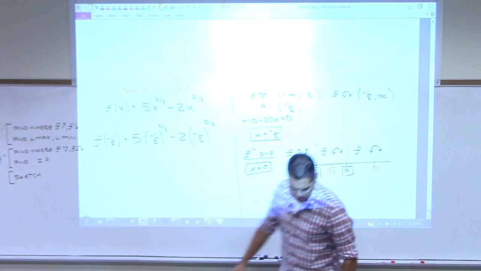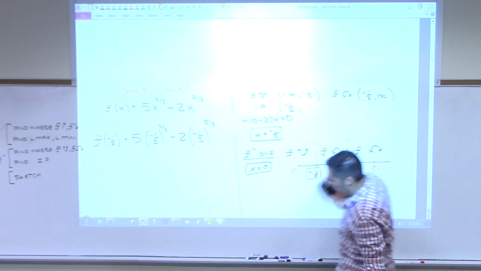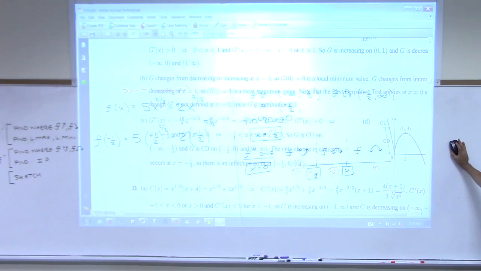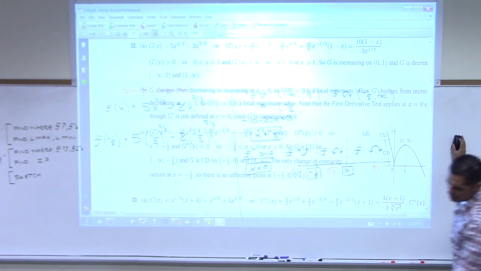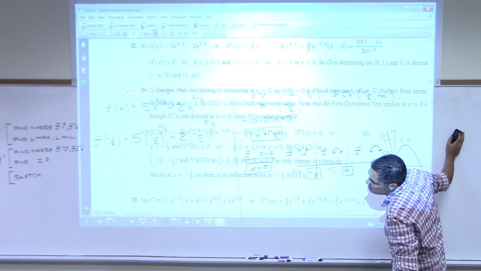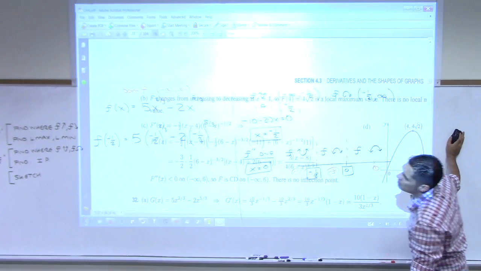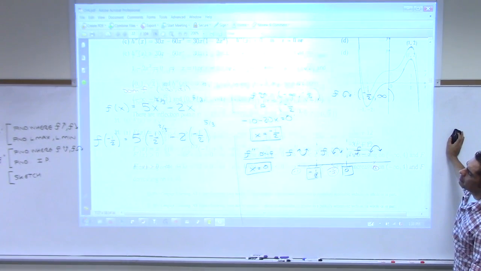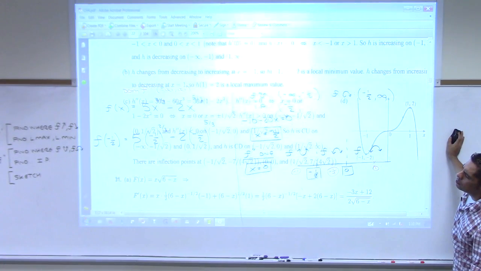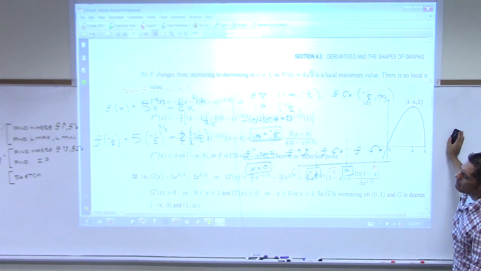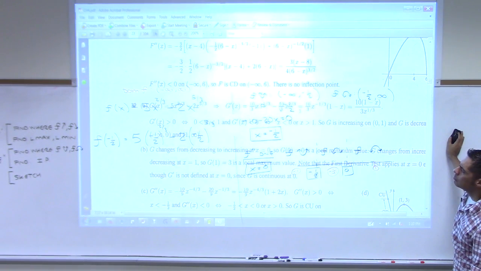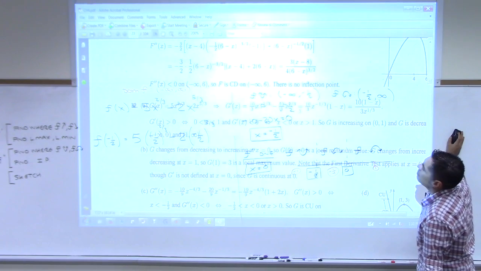I'm curious to see. I took this problem right out of the book. I'm curious to see what they do for the answer. We will need to be able to plot this point in a little while, so we will need the calculator answer. This is number 30. Let's see what they do here. Wait, that doesn't look like it. 32, sorry.